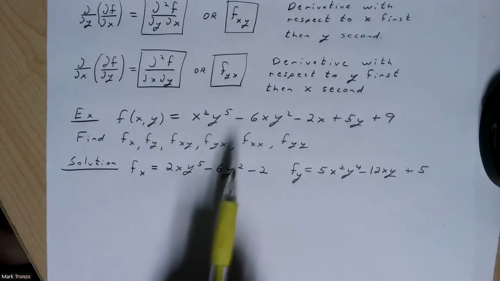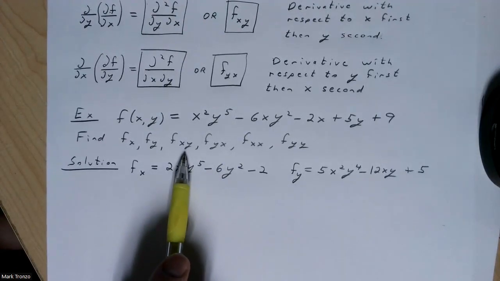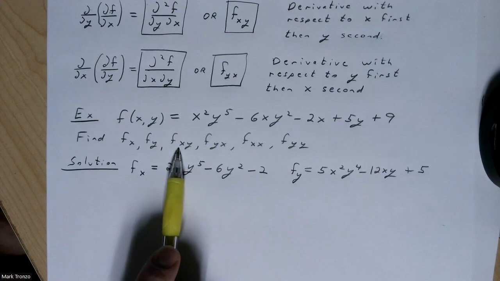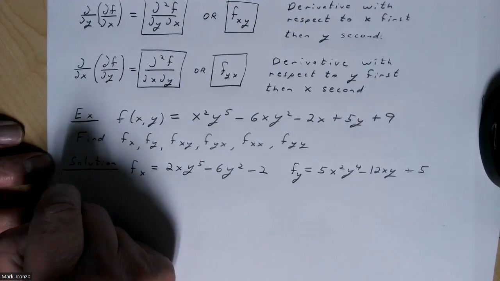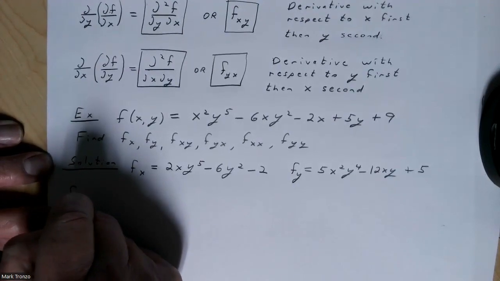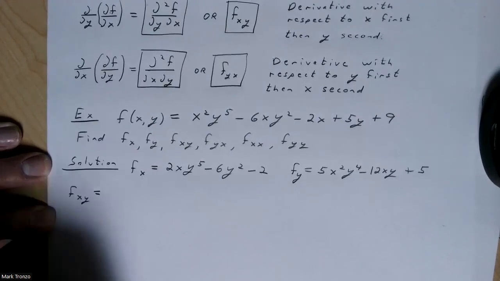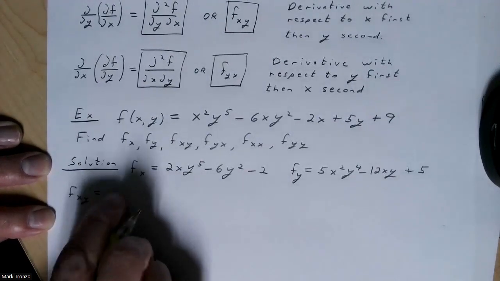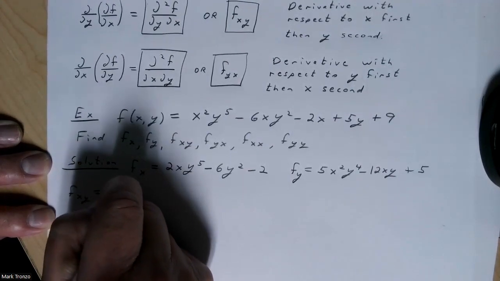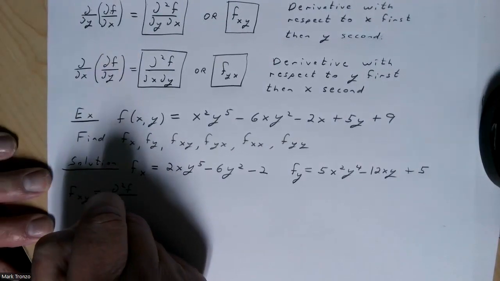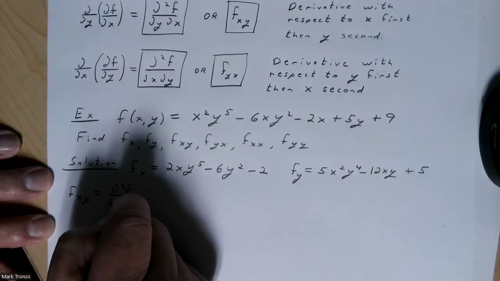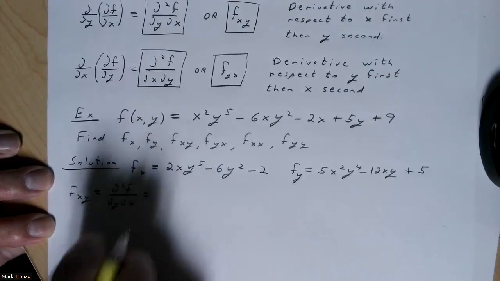And let's do some of these other derivatives. Let me do this one here. Fxy. And this is do x first, then y. Let me write the other notation just to remind us that if we were asked to do the other notation, it would be the opposite, d squared f over dy dx, like this.